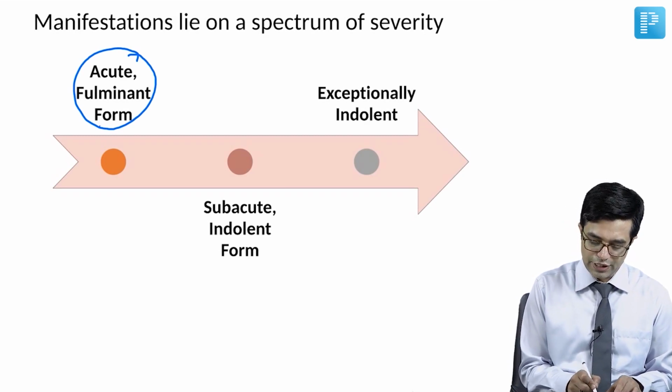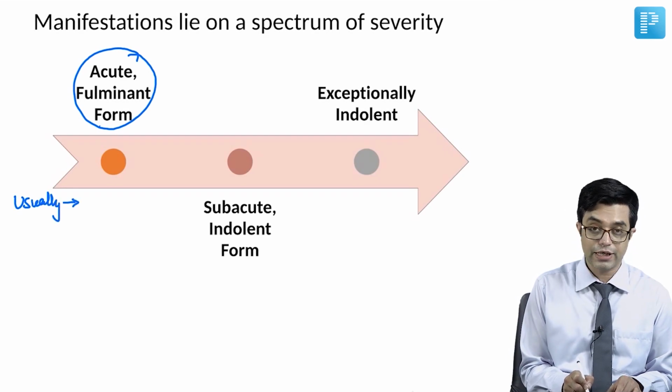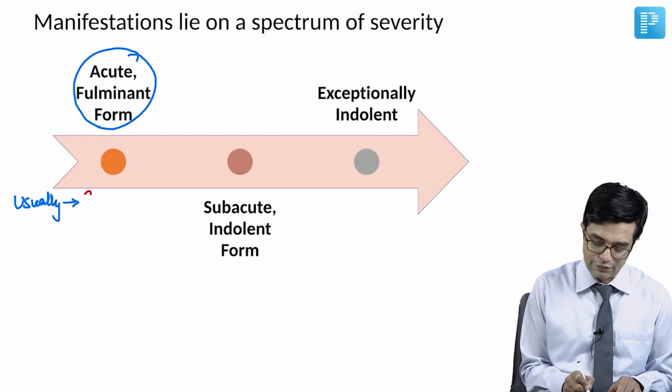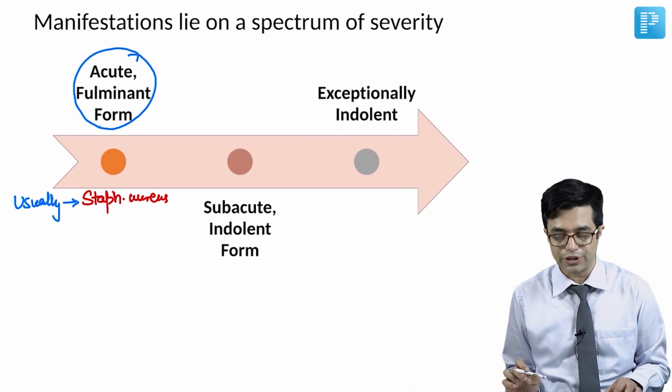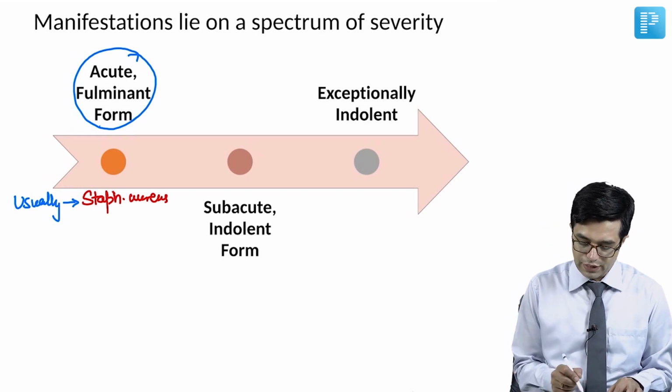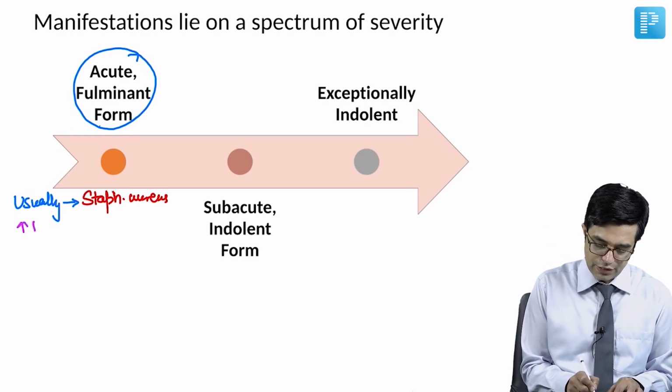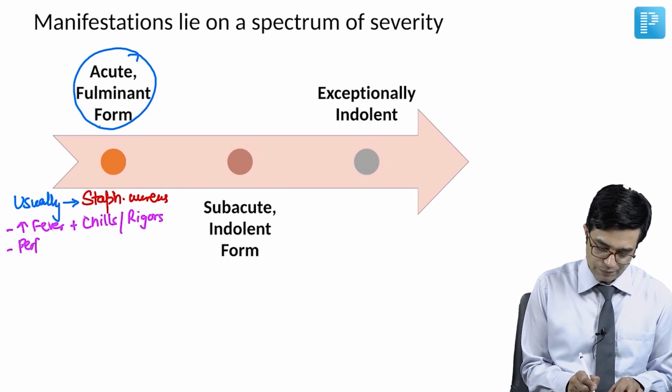Acute fulminant form is usually seen in patients who develop infective endocarditis due to Staph aureus. Although any organism can cause any type of infection, usually it is caused by Staph aureus. These are the patients who will have high grade fever, often present with chills and rigors. Due to acute fulminant form, there may be perforation of the valve cusps.